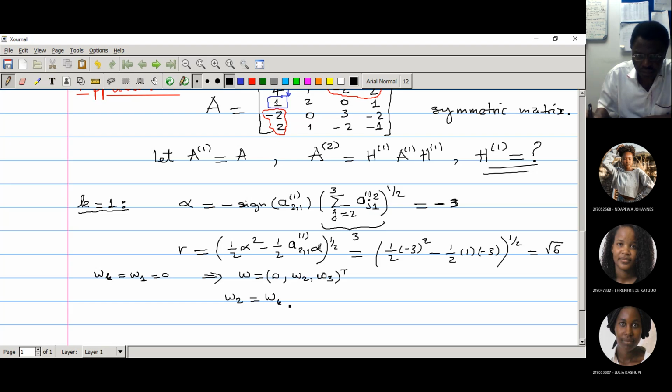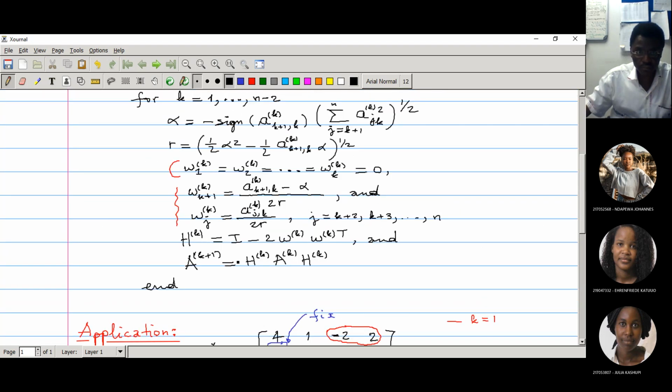This is W_{K+1}, and here we are at K. Remember, because we have W_{K+1}, which is different from W_K, where the substitution starts from K plus 2.